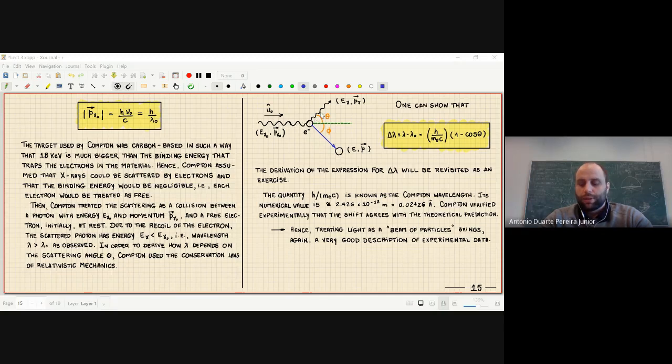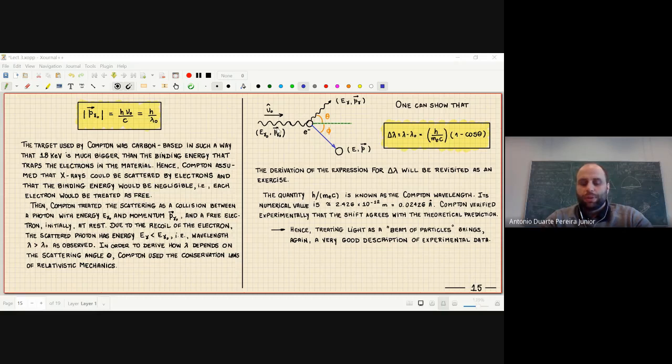Now it is scattered and goes up, and it has a new value of energy and a new value of momentum, P. Since the momentum of the photon is related to its wavelength, because the momentum has changed, the wavelength of the photon will also change. So if I measure the wavelength of the photon here after the scattering, I can expect that it will be different from the initial wavelength here. Okay?